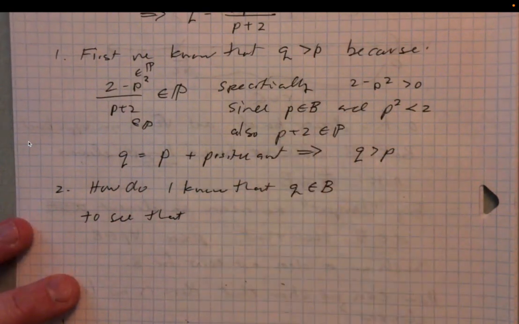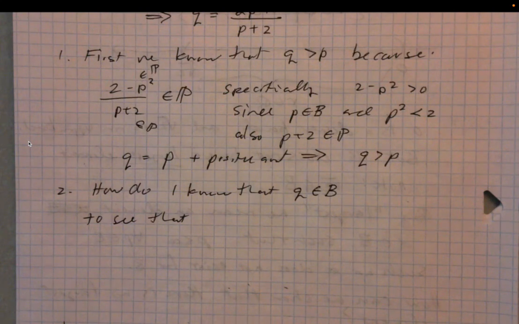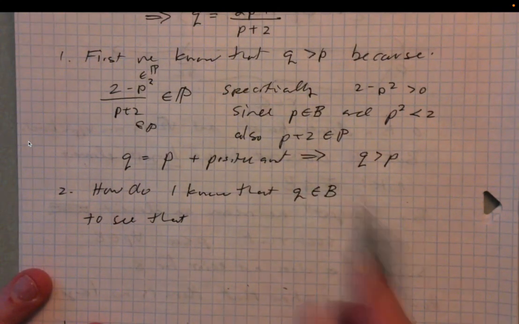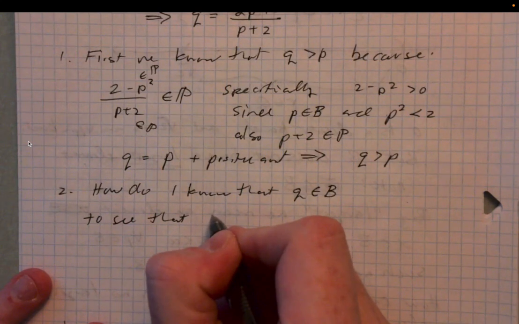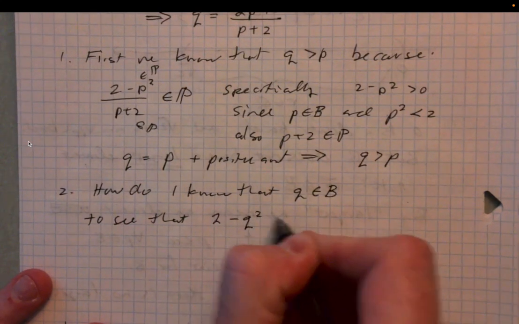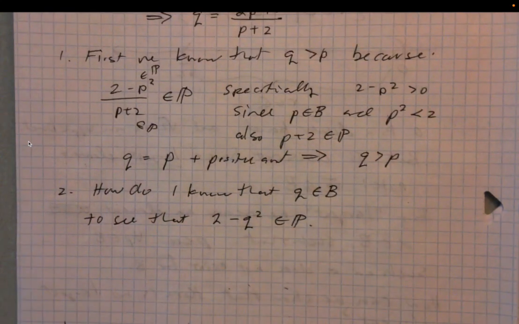So to see that 2 minus q squared is in P, that's what we're going to show. If I take the top of the bound and I subtract off whatever q squared happens to be, it needs to still be a positive number.